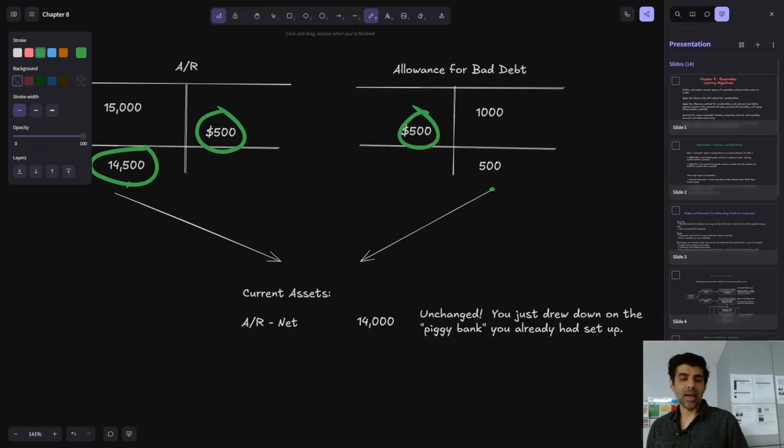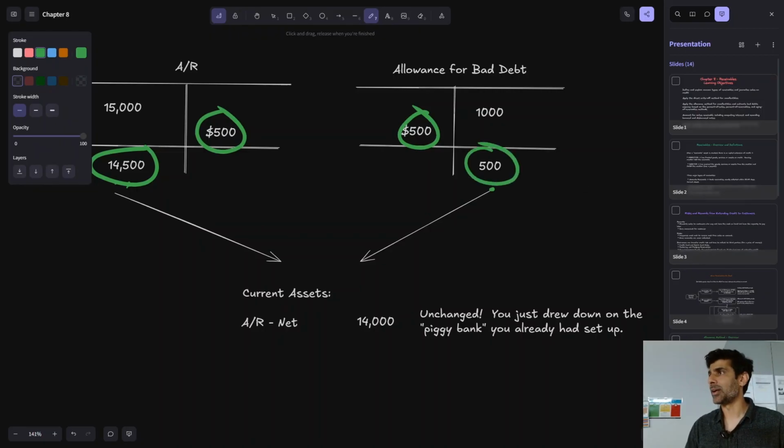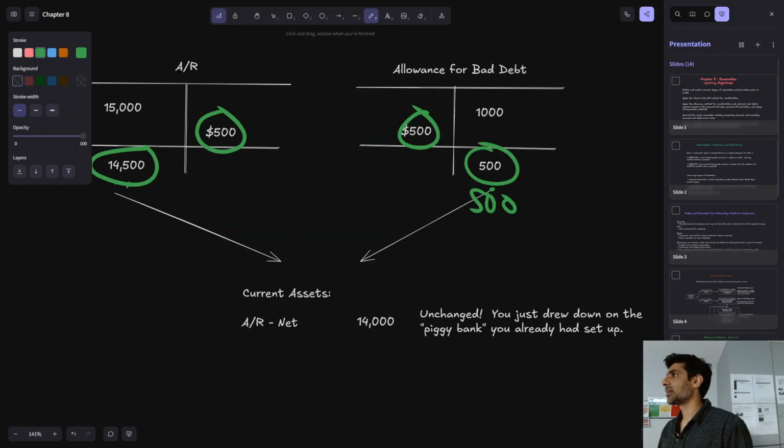And actually, we wouldn't have to do any. If we thought that of this 14,500, 500 is uncollectible, we already have the piggy bank set up here. Okay. What if we thought that $1,000 is going to be uncollectible? Then we're going to have to do an adjustment. We're going to have to make 500 here and take bad debt expense 500 as an adjusting entry.